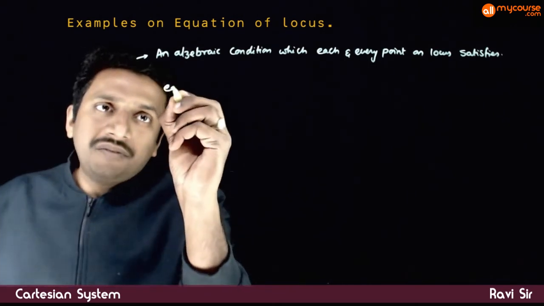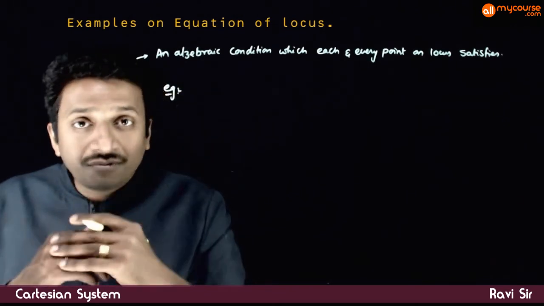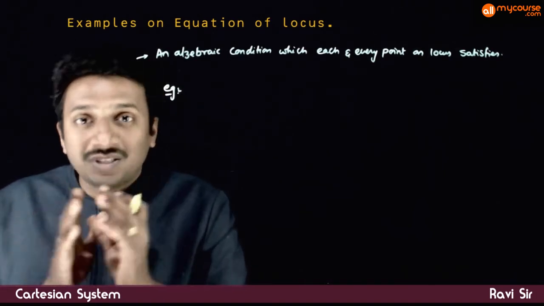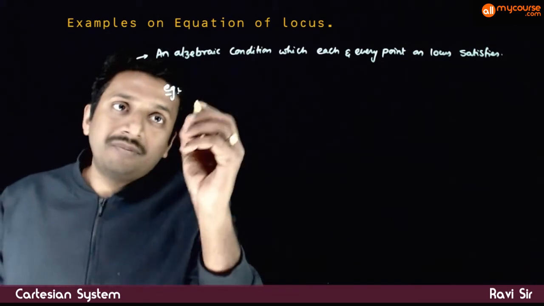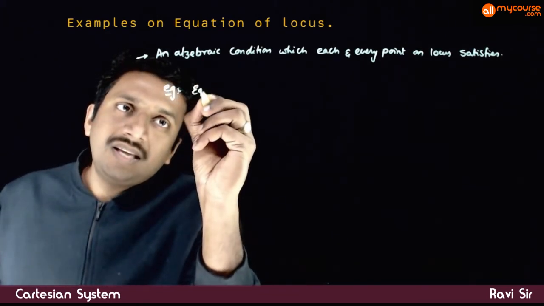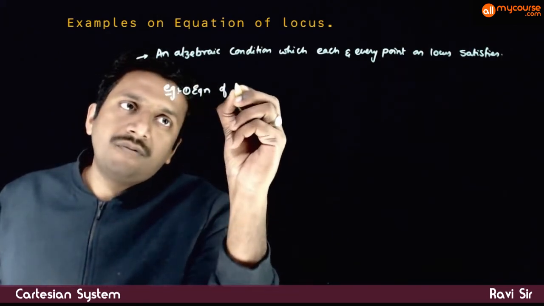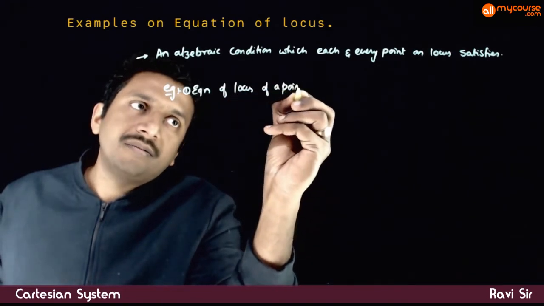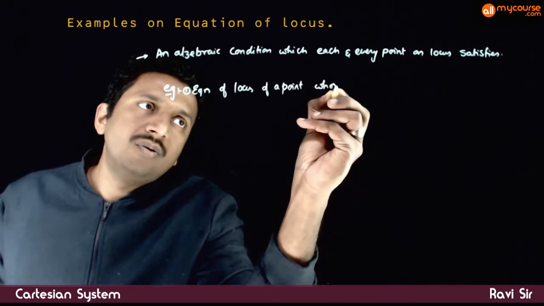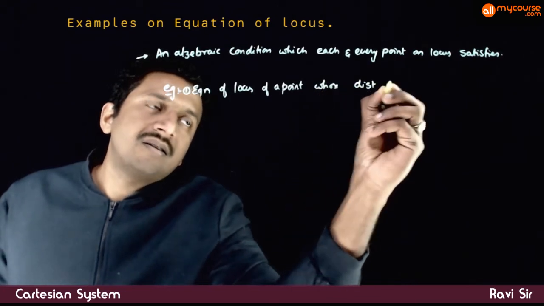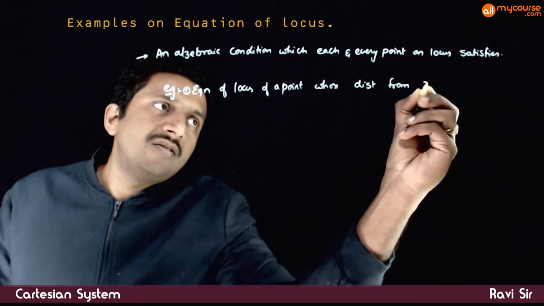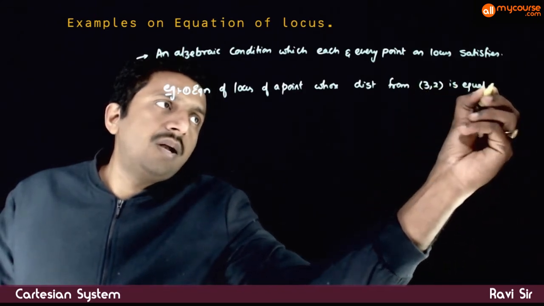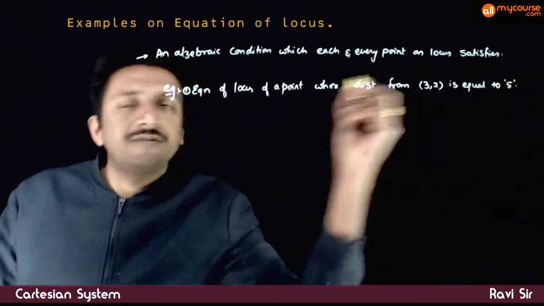So obviously, if you're asked to find the equation of locus of a point, your question has to be more specific. For example, what is the equation of locus of a point whose distance from 3, 2 is equal to 5?